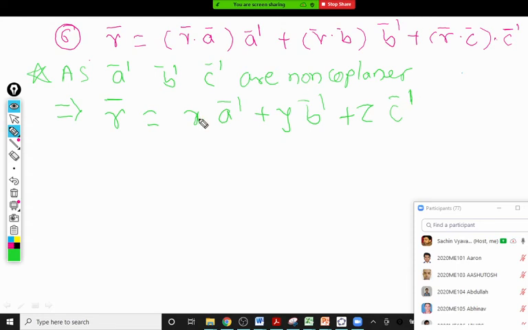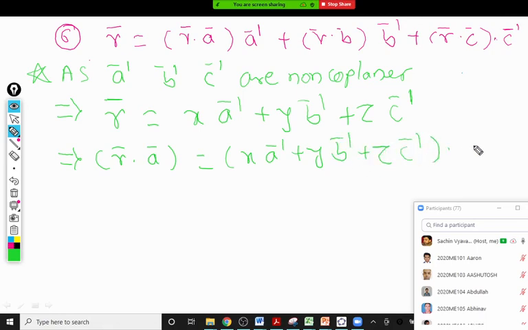Now the only thing left is to find the values of x, y, z. Let me find the value of x. To get the value of x, let me take a dot product of this equation with a bar on both sides. So this implies r dot a is equal to x a dash plus y b dash plus z c dash, dot a.